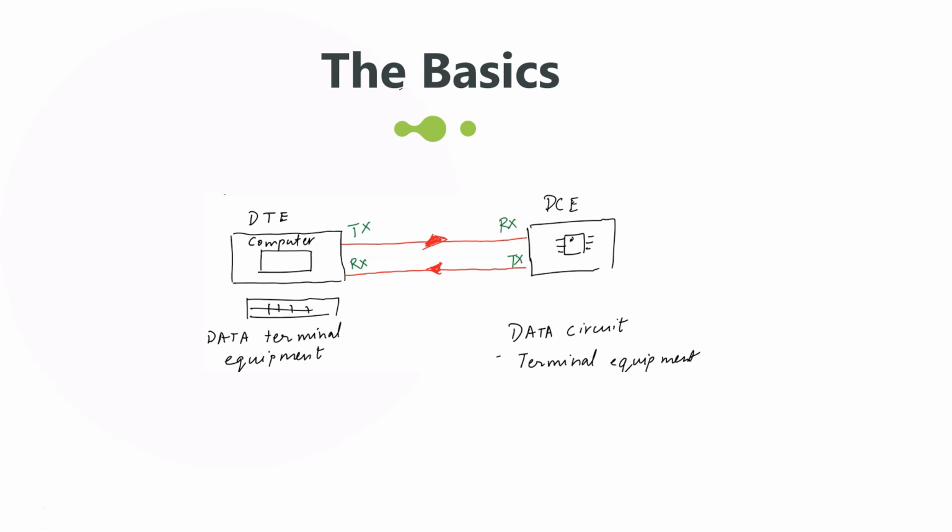The key aspect to this protocol is that there's no clock between the two devices. It is completely asynchronous. That is, you can transfer data from one direction to another independently from the other direction, whether it's transmitting or not.